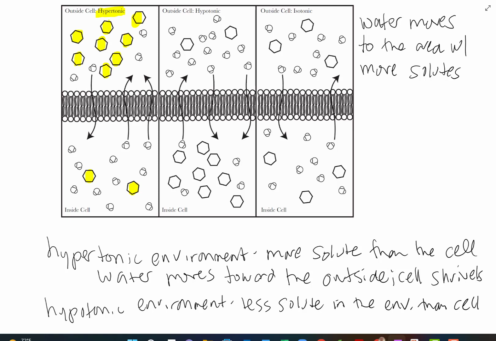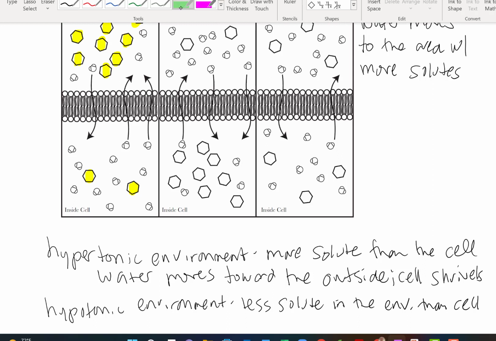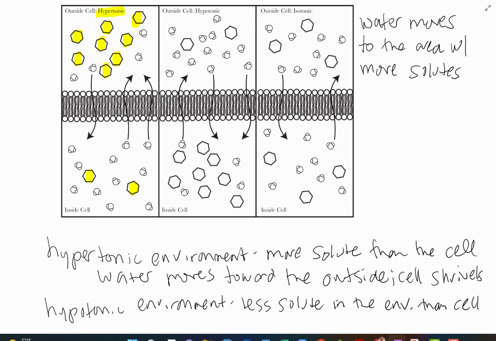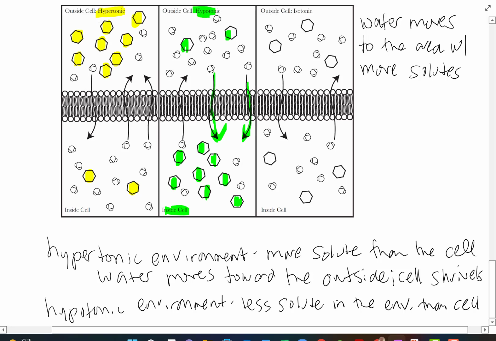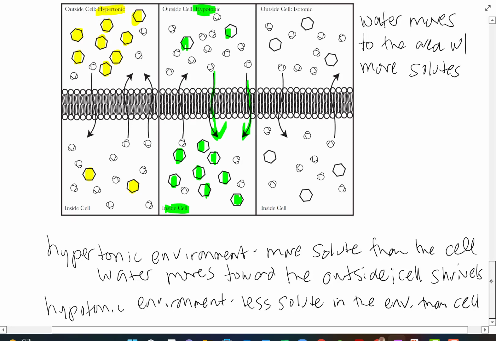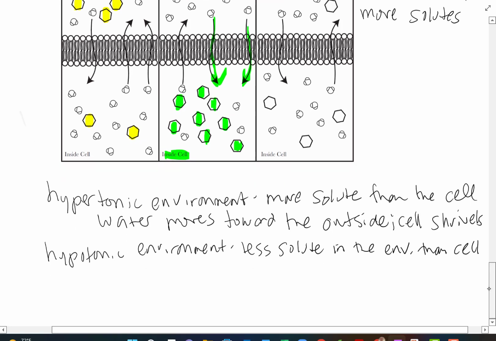So what happens in a hypotonic environment, you can see this is the inside of the cell, this is the outside. There's more solute on the inside than there is on the outside. So water is going to move towards the solute. It's going to move inside the cell. And what happens when water moves inside, the cell is going to swell.